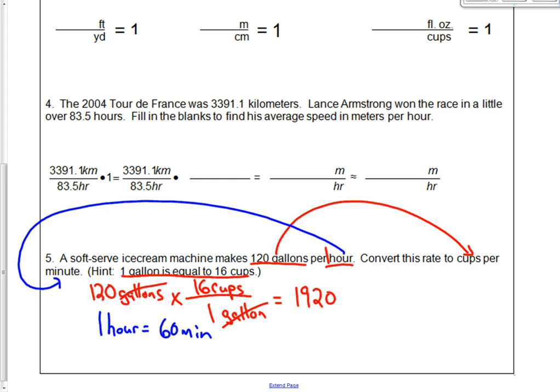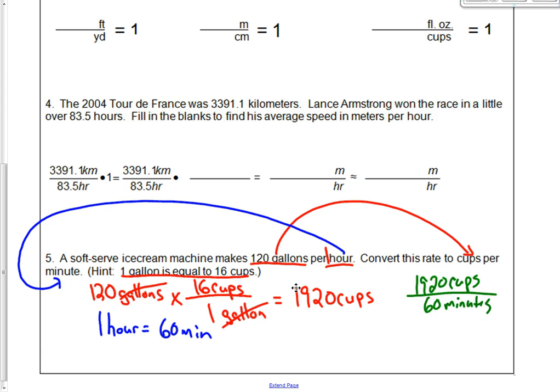So this 1920, I want to keep my units on here. This was cups. Well, the question says go to cups per minute, right? Instead of gallons per hour, go to cups per minute. How many cups per minute? So I'm going to take the number of cups, all right, the 1,920 cups, I'm going to divide that by the minutes.